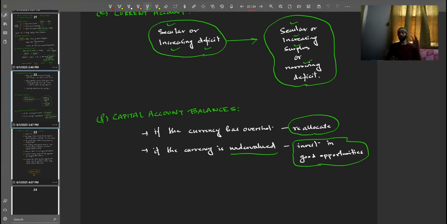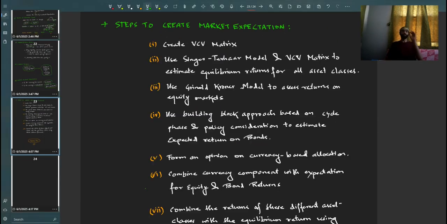We have understood how to create expectations for equities, bonds, exchange rates, volatilities, and macroeconomic scenarios, and all this combined also, right? Now it's time to combine whatever we have learned and create a model or framework through which we create capital market expectations. So let's create that model: the steps to create capital market expectations, right?